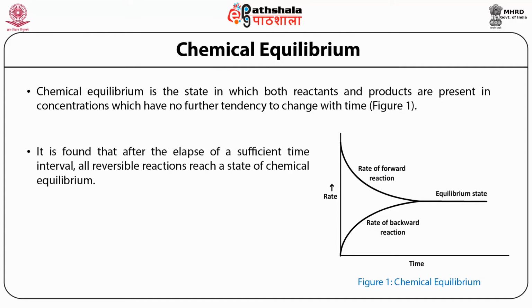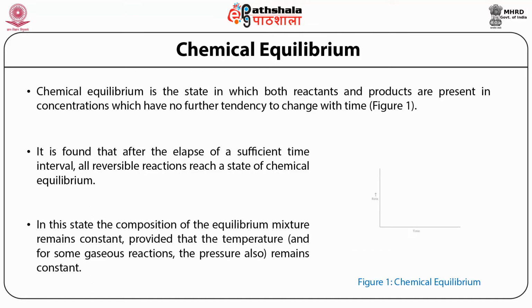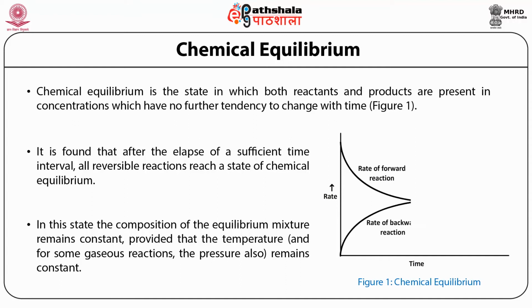It is found that after the elapse of a sufficient time interval, all reversible reactions reach a state of chemical equilibrium. In this state, the composition of the equilibrium mixture remains constant, provided that the temperature also remains constant. In the equilibrium state, the two opposing reactions are taking place at the same rate, so that the system is in a state of dynamic equilibrium.